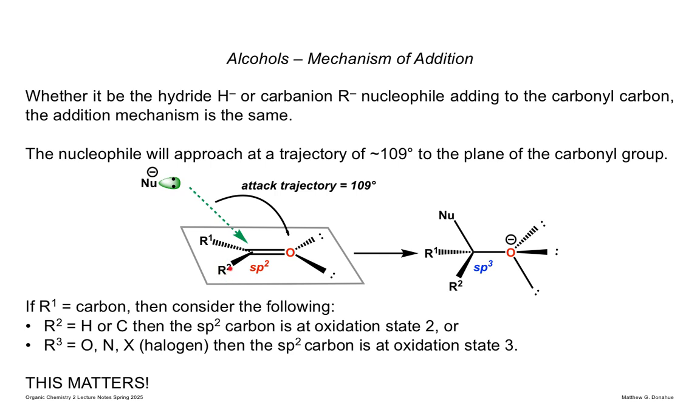If this is H or carbon, you have an aldehyde or ketone. If it's a heteroatom, then it's at oxidation state 3. It can be an acid, ester, amide, whatever. The nucleophile will approach that electrophilic carbon at an angle of 109 degrees, as measured from oxygen, carbon to the nucleophile. Can you think of a reason why that is?